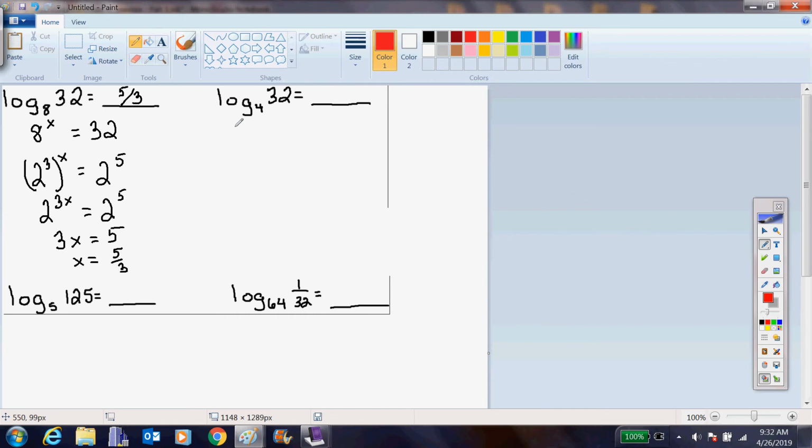So how would we write this one? 4 to the x power equals 32. Do the same thing that we did before. So this 32 would turn into 2 to the 5th. This would be 2 to the power of 2 multiplied times x, 2 to the 5th, and then that equals, okay, good, x equals 5/2.